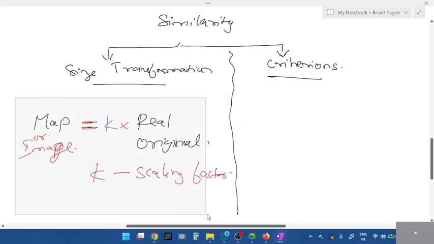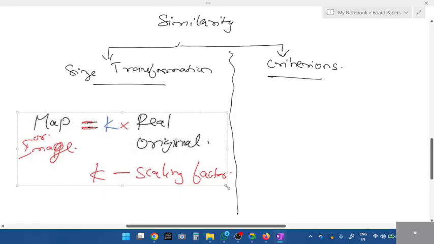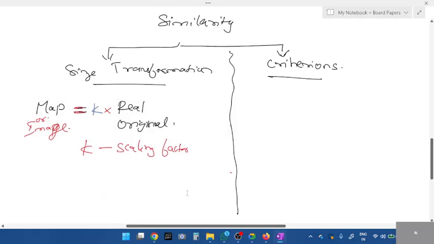Make a note of this. All of you write similarity. In similarity, write size transformation. The different names are resulting figure, map or image. Resulting figure is equal to k into original value. Original or real image, real figure.